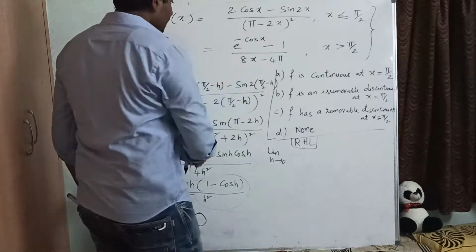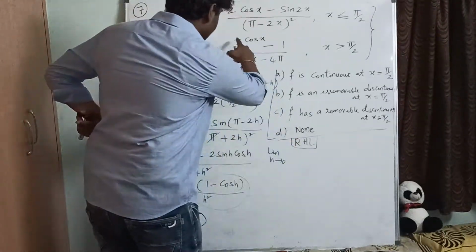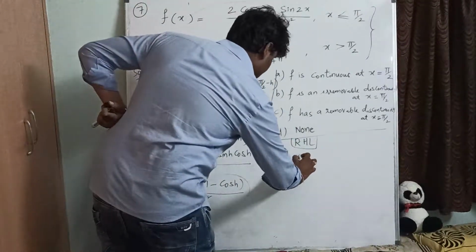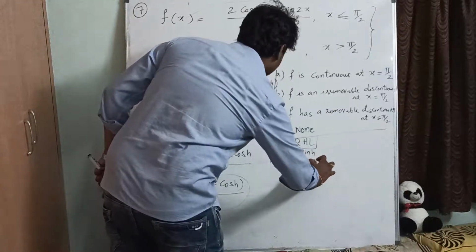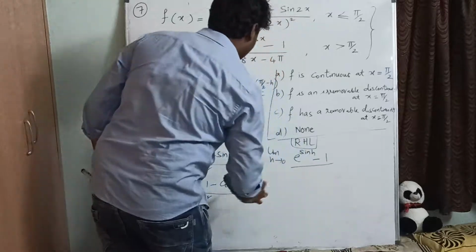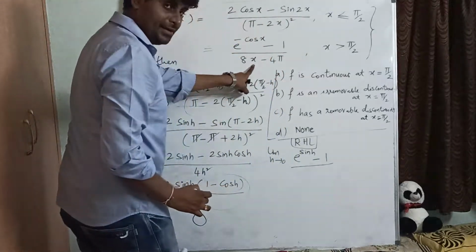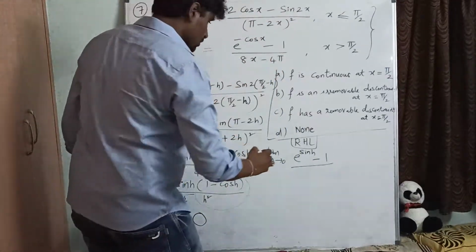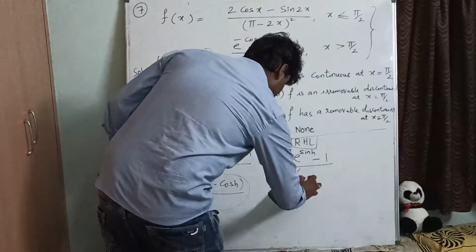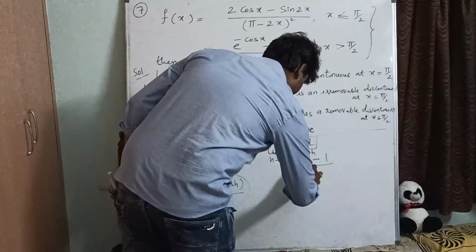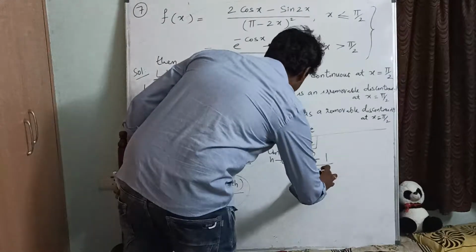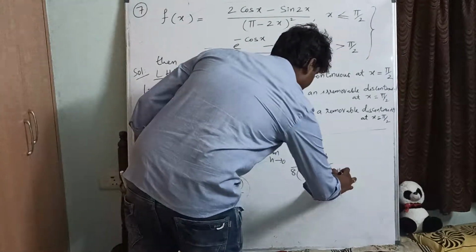Okay, so here minus sin h, already minus there. So e power sin h minus 1 by 8 into pi by 2 plus h, I can write 8 into pi by 2 plus h, minus 4 pi.